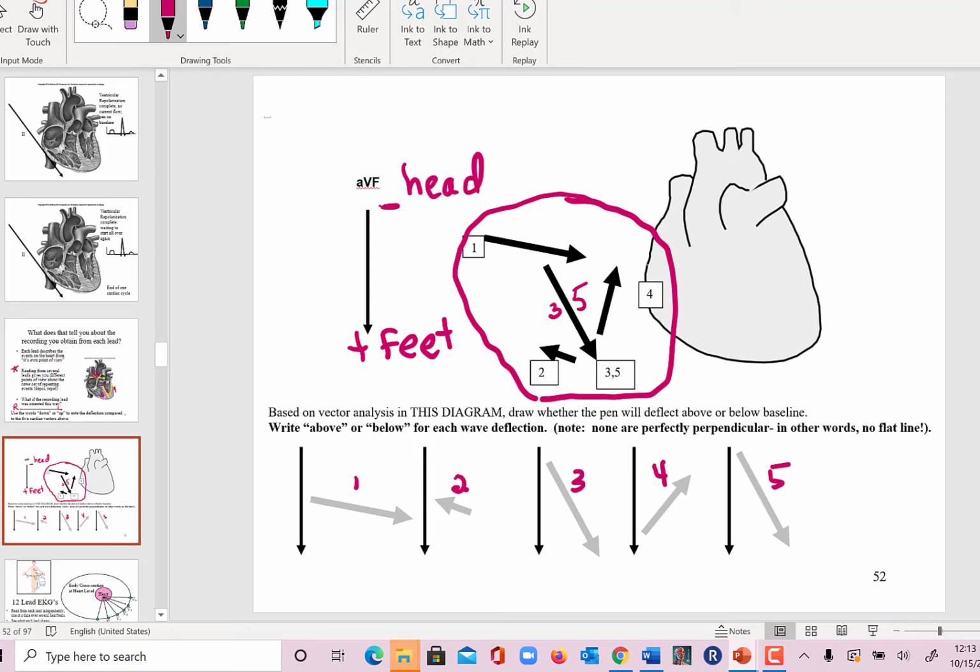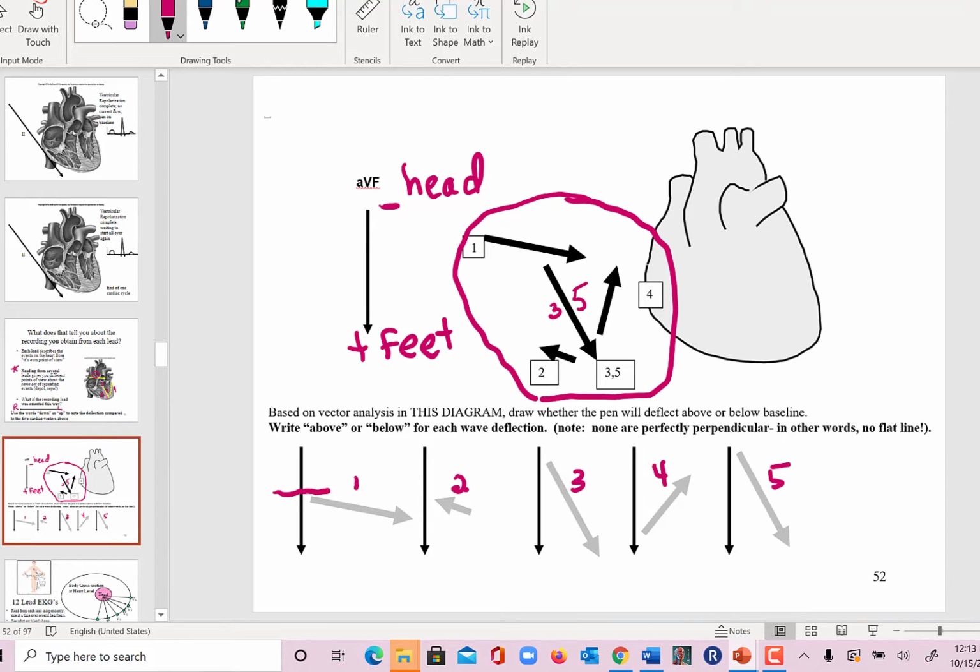All you have to do is tell me if these are parallel or anti-parallel. Will the pen go up? The pen goes up if they're parallel, and the pen will go down if they're anti-parallel.